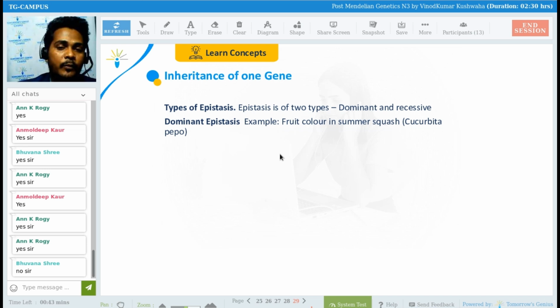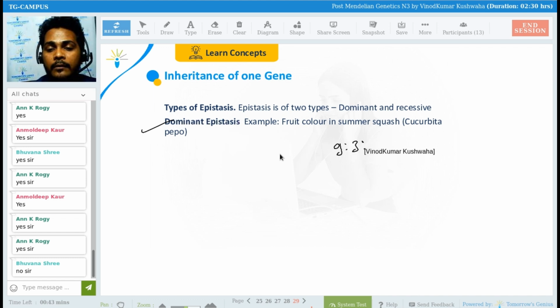So dominant means what? In this condition the epistatic gene is dominant over its own alleles, and therefore it is effective in the heterozygous condition. The dihybrid ratio of dominant epistasis becomes 12:3:1.